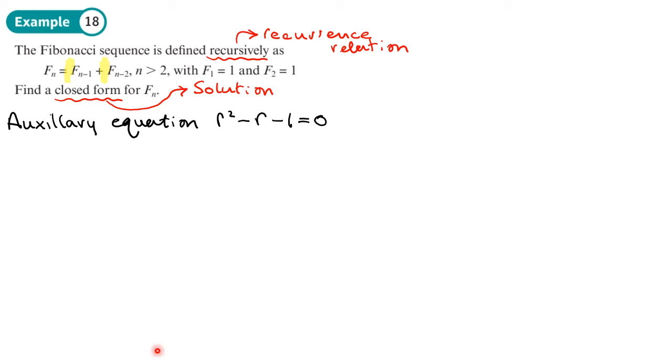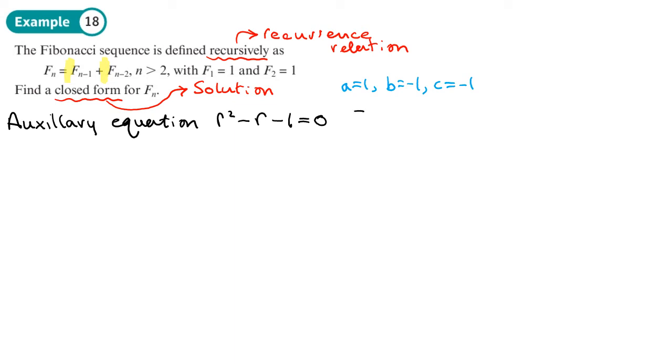Now this doesn't factorize, because if it did, I'd need 1 and 1 in a bracket, and I'd need a 2 there, which I don't have. So we're going to use the quadratic equation. With the quadratic equation, it means that A will be 1, B will be negative 1, and C will be negative 1. Now you could use your calculator to solve this for you, but it may not give you exact answers. So just be aware that may give you decimals, which is going to make things untidy.